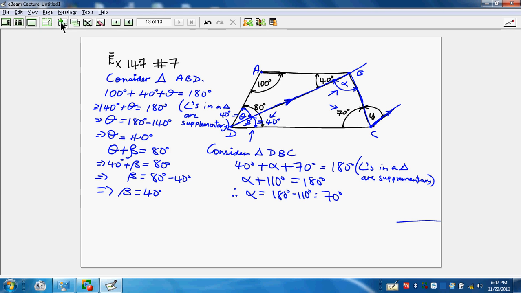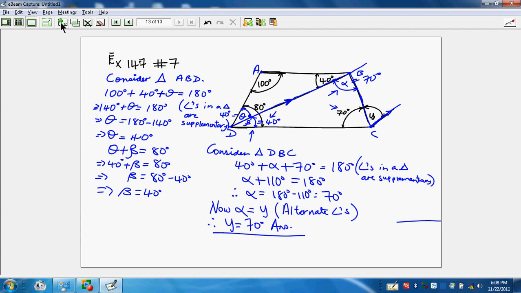But we know that angle alpha and y are alternate angles because they're inside that special Z. So angle alpha is equal to angle y because these are alternate angles. Therefore, angle y would be equal to 70 degrees. And that is the answer they're looking for.